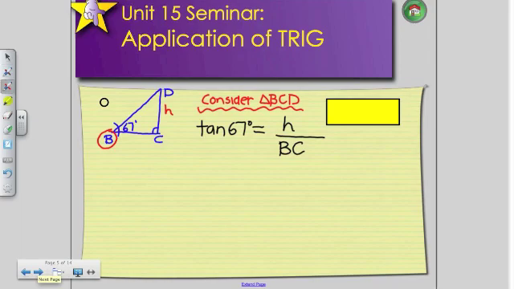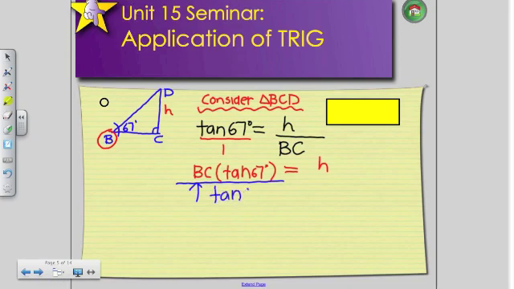Can someone tell me what my next step is going to be to isolate that BC? What should I do next? Yep, Kevin? Cross multiply. So I have BC times tan 67 degrees is going to be equal to H times 1, which is just H. Very last thing that I have to do, because I'm trying to isolate my BC, is divide both sides by tan 67 degrees.